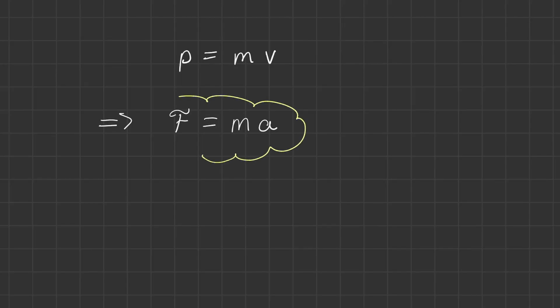So you can rewrite Newton's second law as force is equal to mass times the rate of change of velocity. But of course, the rate of change of velocity is acceleration. So force equals mass times acceleration. And a lot of the time, this is how you'll see Newton's second law written.